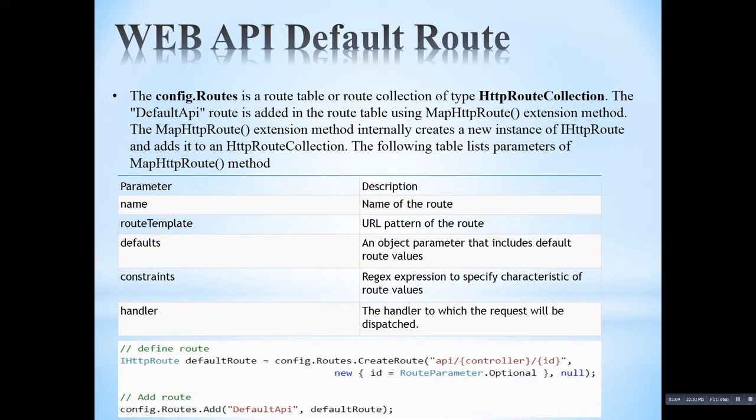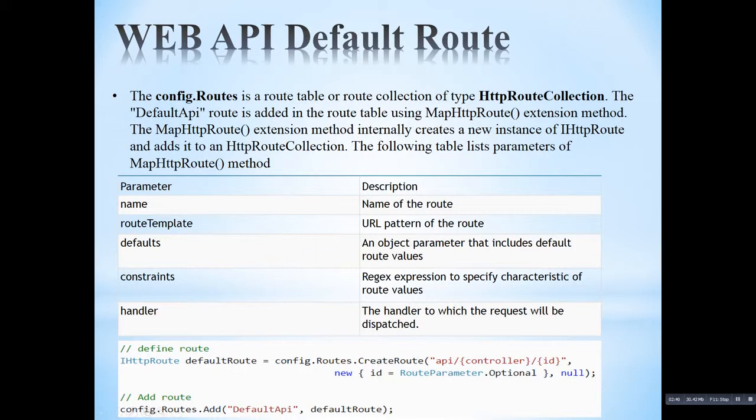The config.routes is a route table, or route collection, of type HttpRouteCollection. The default API route is added to the routing table by using the MapHttpRoute extension method, and in this method we pass different parameters. This method internally creates a new instance of HttpRoute and adds it to the HttpRouteCollection.